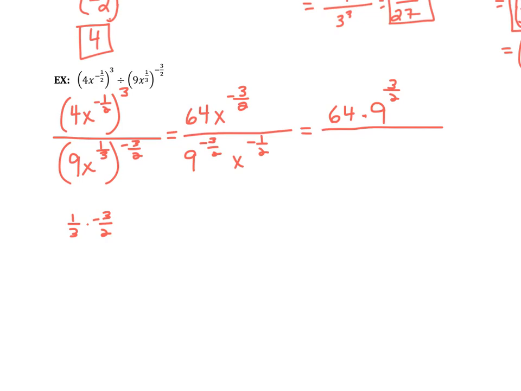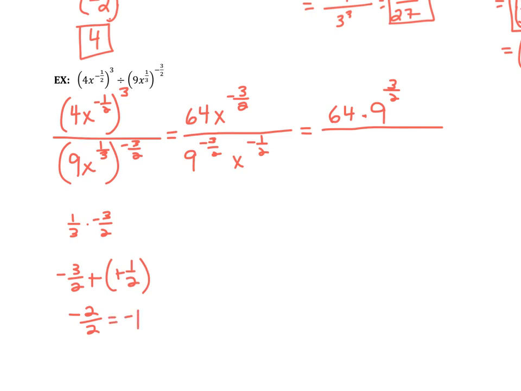And then if I focus on the x's right here, I'm going to subtract those exponents. So I've got negative 3/2 minus a negative 1/2, which means I'm going to change this to adding the opposite, which, if I really broke it down, is going to end up being negative 2/2, which is negative 1.